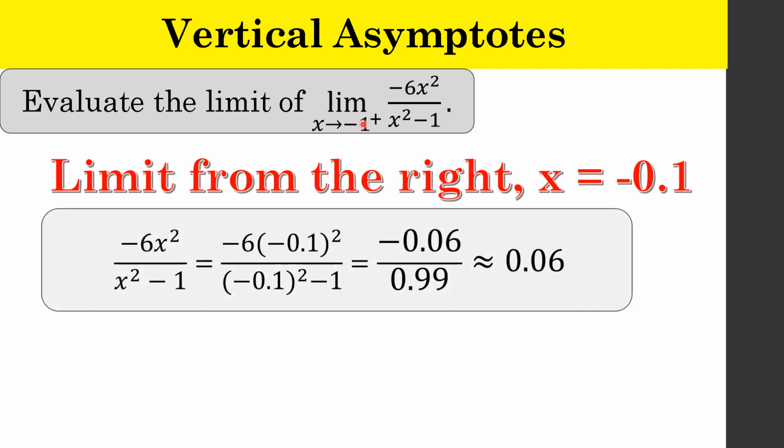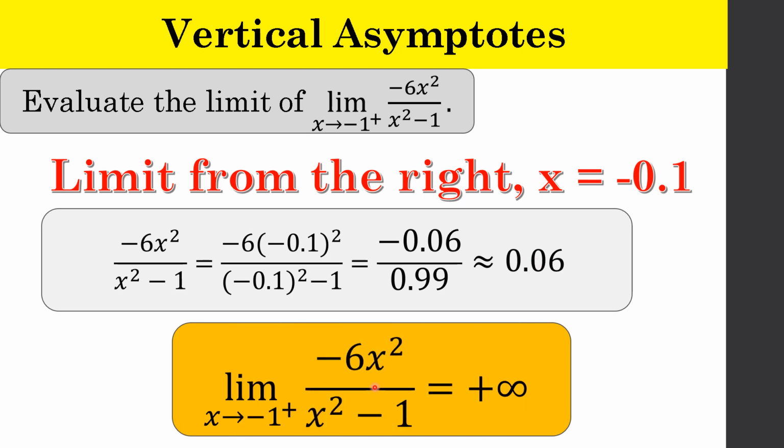Substitute lang, lahat ng x magiging negative 0.1, then simplify to get an estimated value of 0.06. Again, we will reject the number. We will look only for the sign. Kung yung pinag-uusapan natin is vertical asymptotes, so, positive ba or negative yung 0.06? 0.06 is a positive.